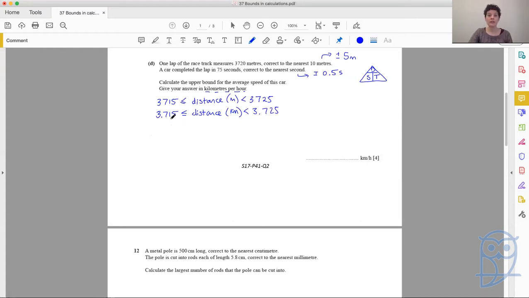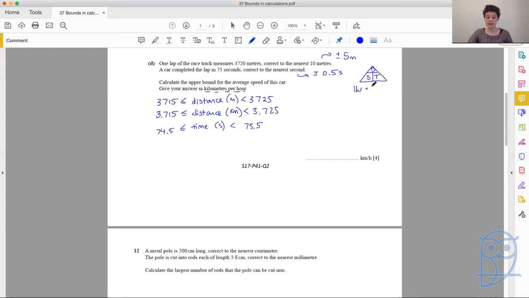Okay, so then we do the same thing for our other measurement, because we do this for all our measurements. We're now looking at the time. So time in seconds, our bounds 75 minus 0.5, so 74.5. 75 plus 0.5, 75.5. But again, we want hours. So 1 hour, if we think about it, is 60 minutes. Each minute is 60 seconds.